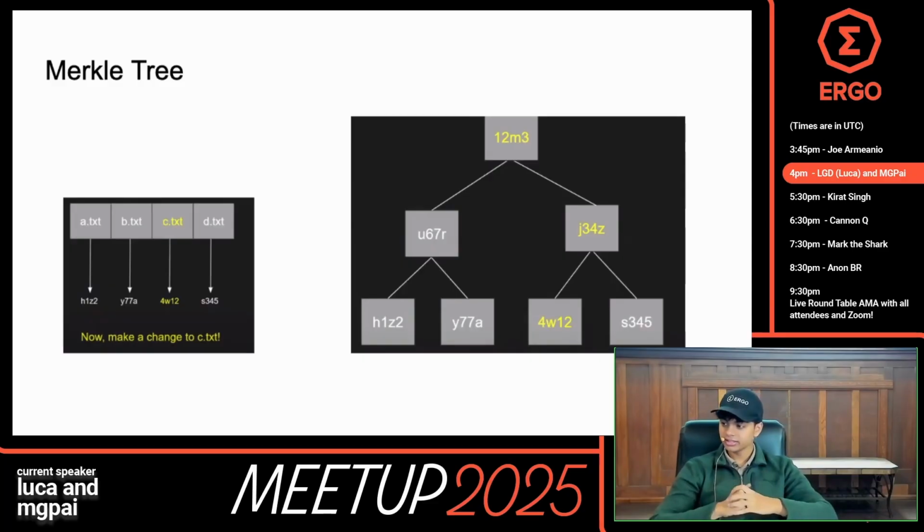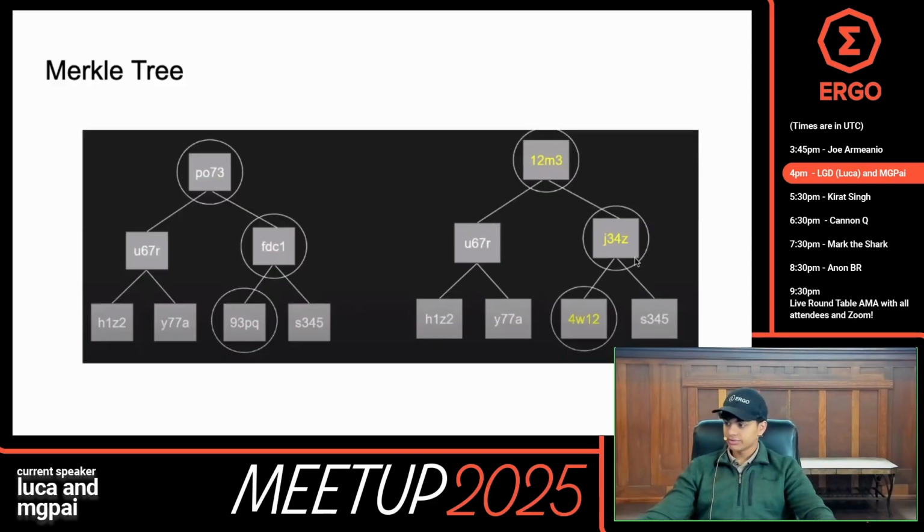It's a really clever data structure and it actually powers so much of the modern infrastructure. You just don't know it. But that's a quick introduction to a Merkle tree. So yeah, you can see here the comparisons made, right? On the left side was the original tree, and the right side is the tree with the c.text changed. So you can see we just make three comparisons, right? So this scales really well.